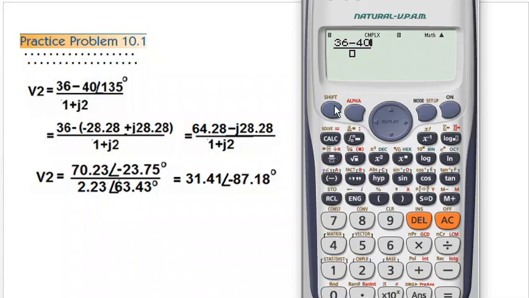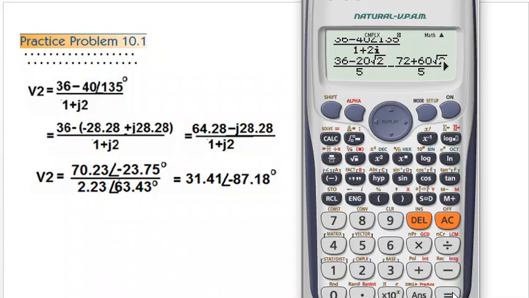So shift minus sign angle, write 135. So the numerator part is complete. Now to go to the denominator, we press this button here. We are in denominator, 1 plus J2, so 1 plus 2I engineering, so 2I. So the data entry is complete.